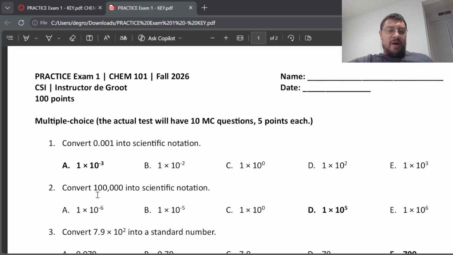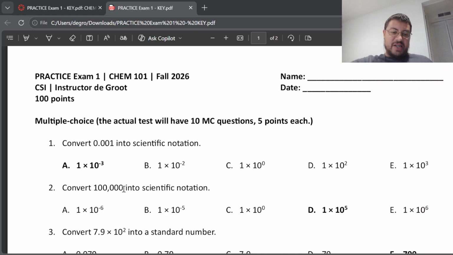Okay. Now for number 2, we have a number that is 1 or greater. So that means we're going to use scientific notation with a positive exponent. If you have a number bigger than 1, you're going to need a positive exponent in your power of 10.